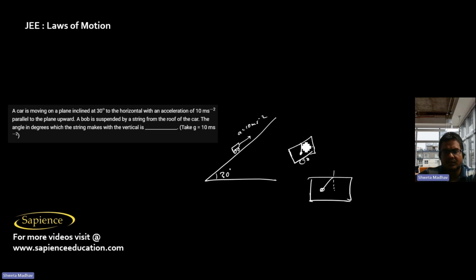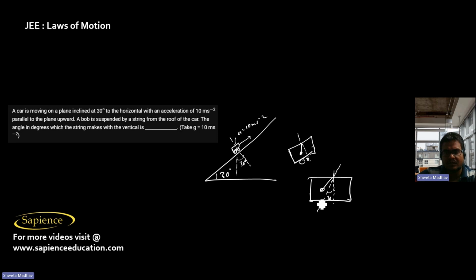So here, as we can see, this is angle 30 degrees. So this angle also will make an angle of 30 degrees with the vertical. Now this line will make 30 degrees with the vertical.